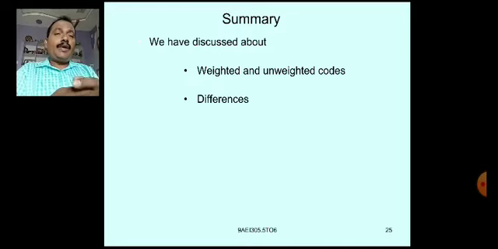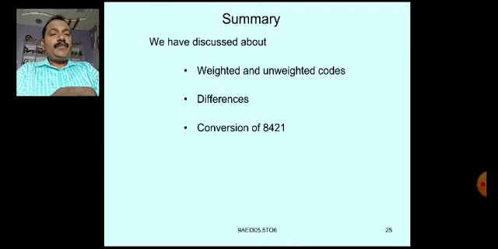Weighted code: 8421. Unweighted: excess-3 and Gray codes. Those are the codes. Alphanumeric codes also we have discussed: ASCII code and EBCDIC code.